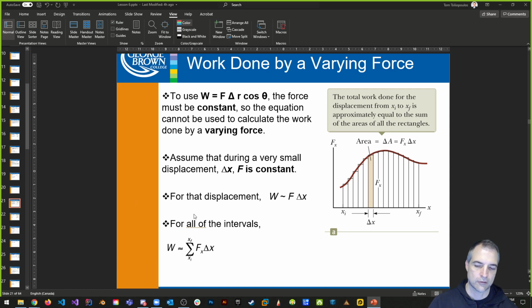For all the intervals, we can say that work is the sum of all of the integrals from x initial to x final, where the amount of force changes according to the position of the object over time.